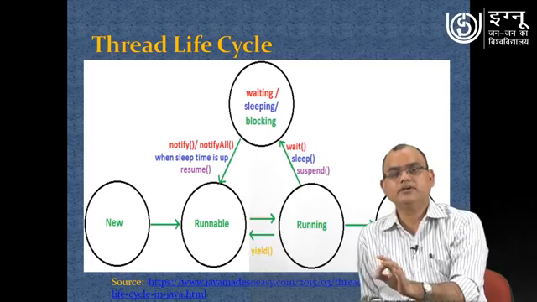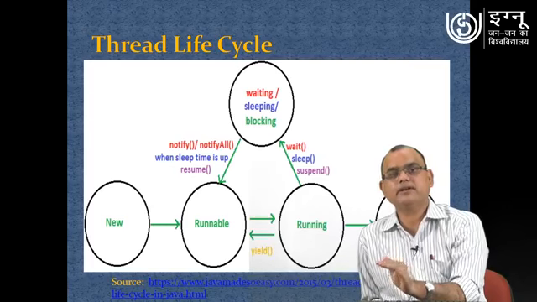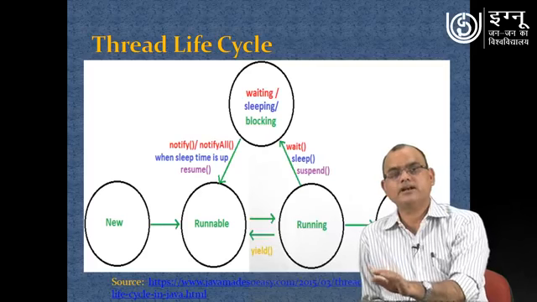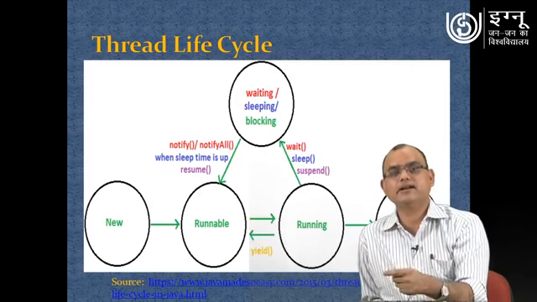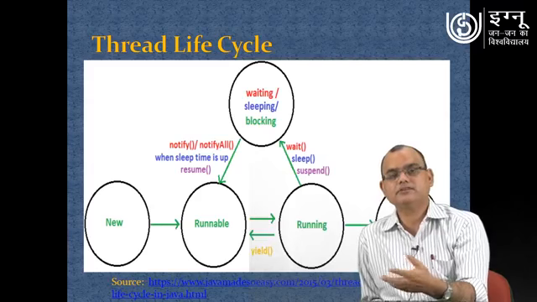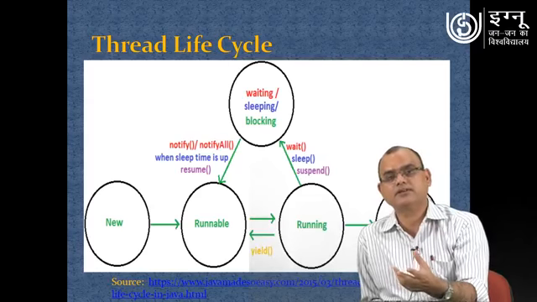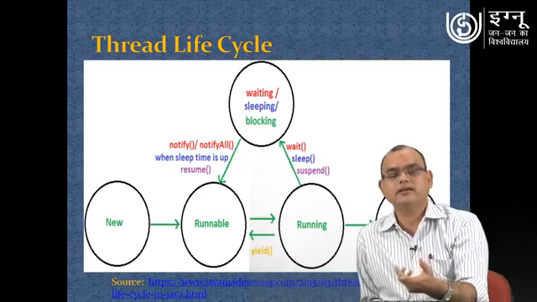Similarly, the sleep method provides the capability to block your thread for some specific moment of time. After that your thread is ready for execution again, and once the CPU is available for that particular thread, that thread will execute.